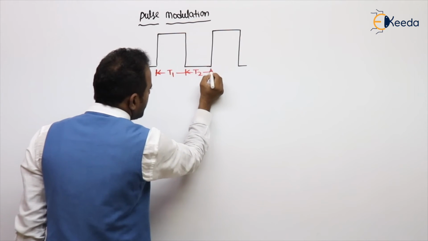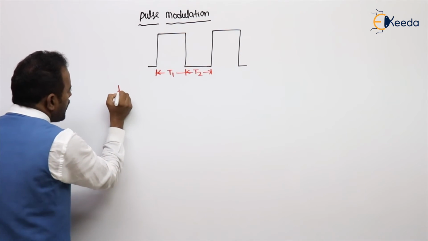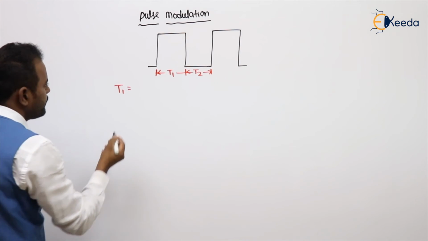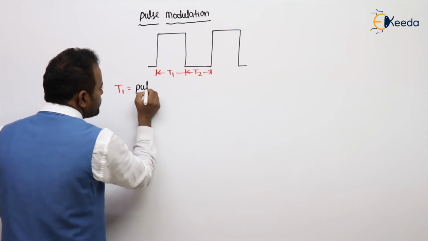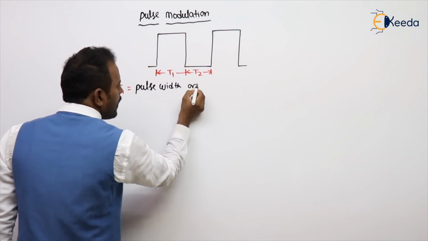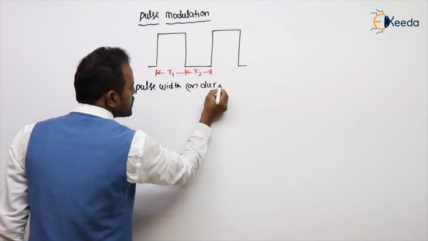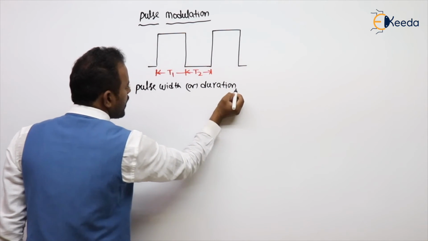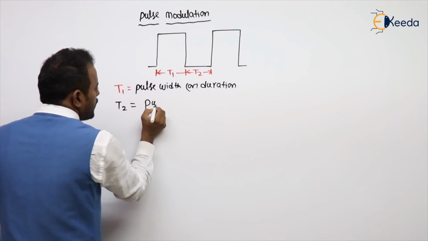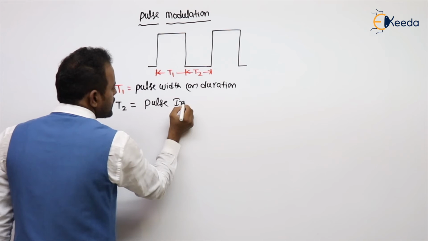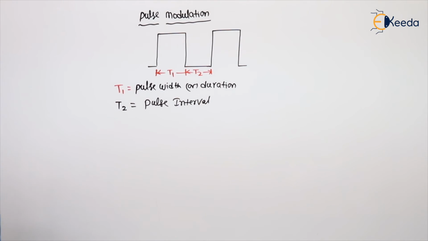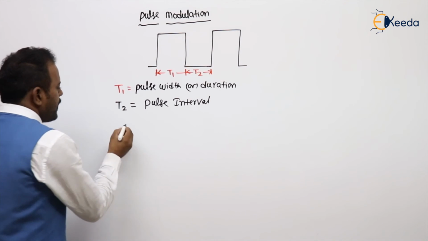This is T2. What is T1, sir? T1 is called pulse width or also called pulse duration. Width or duration. What is T2, sir? T2 is called pulse interval.